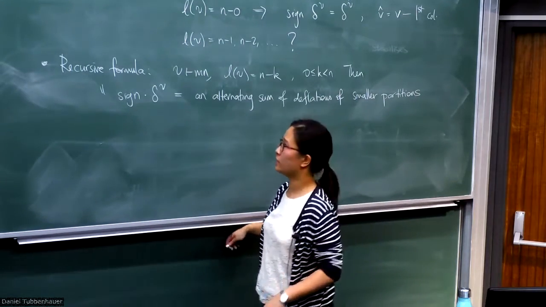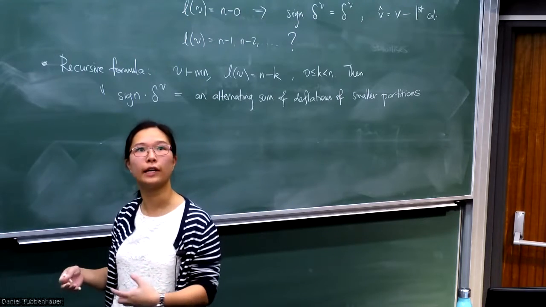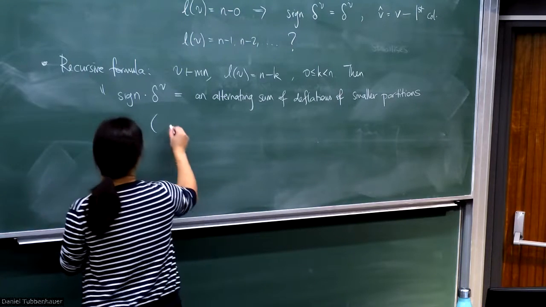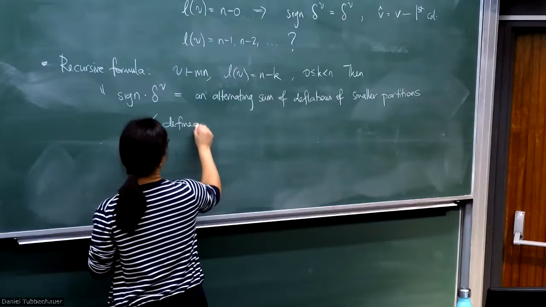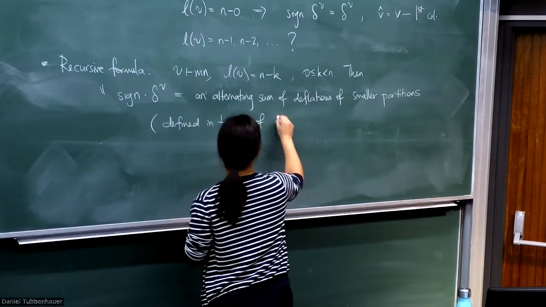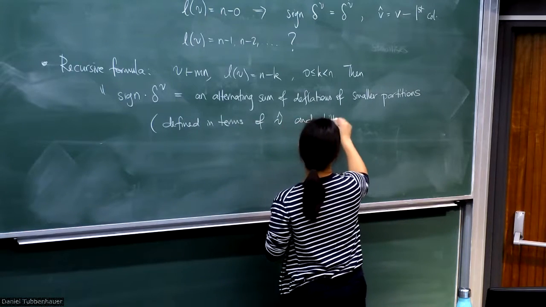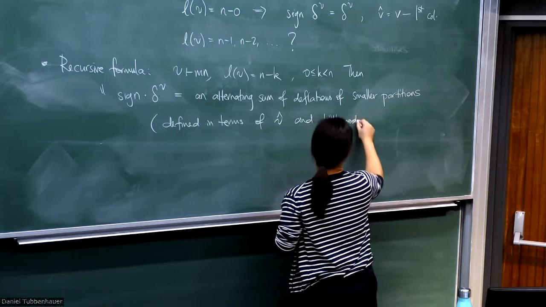Just to say half a line about what these smaller partitions look like, they're smaller partitions defined in terms of column removal, so in terms of nu hat. And sorry, this is the Richardson combinatorics.